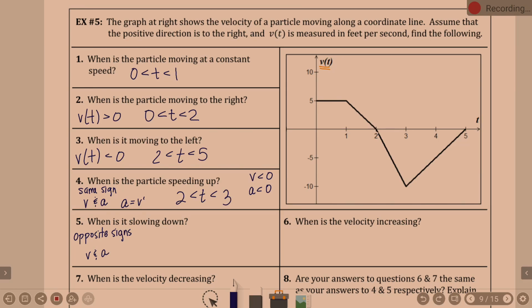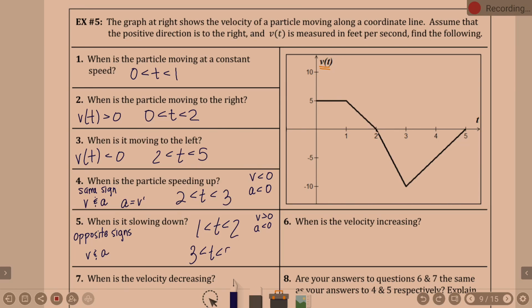Okay, what'd you guys say? 1 to 2, 3. Okay, you guys good with that? 1 to 2 is positive velocity, negative acceleration. So that was positive velocity, acceleration is less than 0, and 3 to 5.